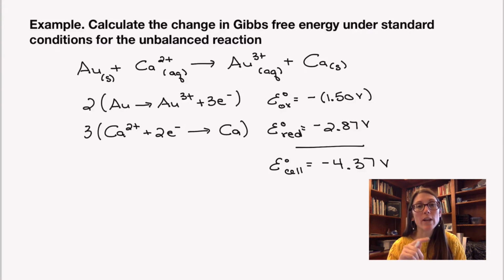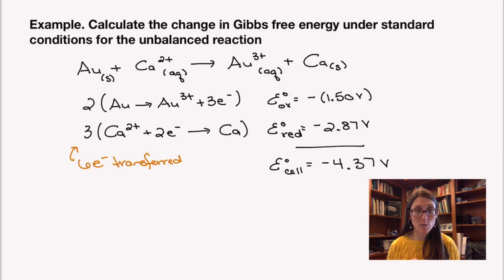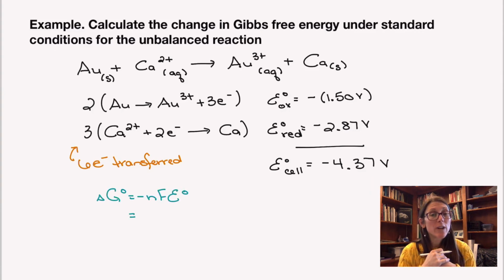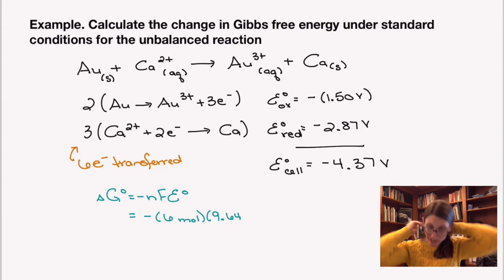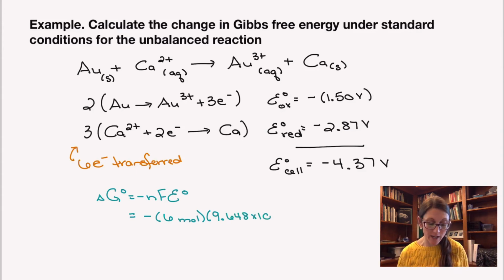We also know how many electrons are being transferred. That does matter about your coefficient. So the number of electrons being transferred here is 6. 6 electrons are being lost and 6 electrons are being gained. With that in hand, we're ready to use the equation to calculate delta G naught. Since you've got 6 moles of electrons being transferred for every mole of this reaction occurring, you can multiply that by Faraday's constant, using the units of joules per mole volt here.